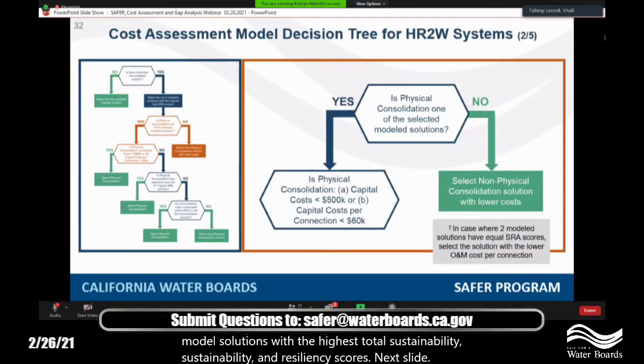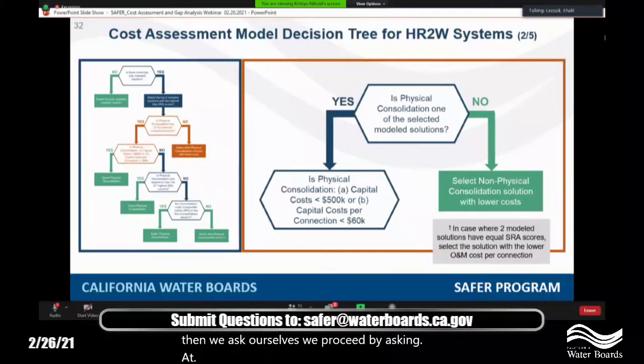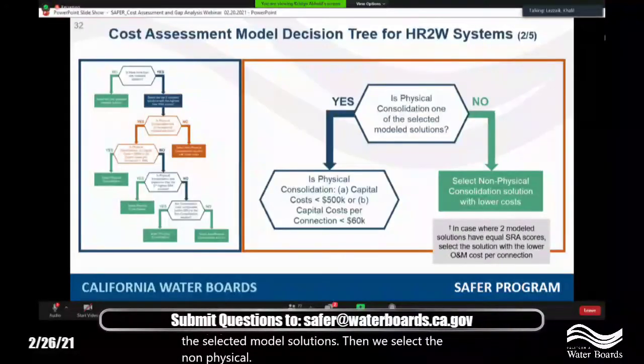Now, if the system has more than one solution, and we've proceeded by taking those top two scoring solutions from a sustainability perspective, then we proceed by asking if physical consolidation is one of the top two most sustainable solutions that we've selected. If physical consolidation is not one of the selected model solutions, then we select the non-physical consolidation solution with the lower cost.